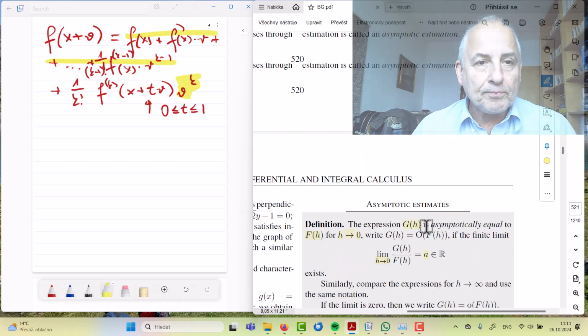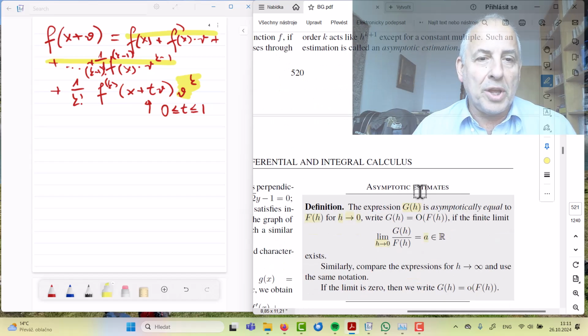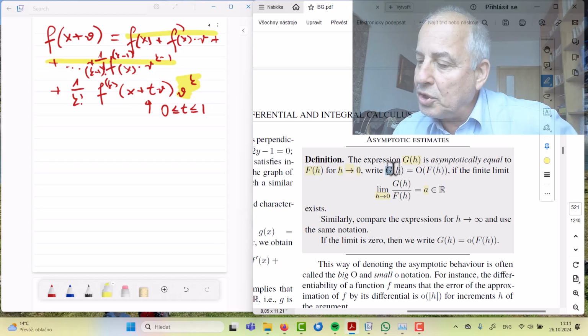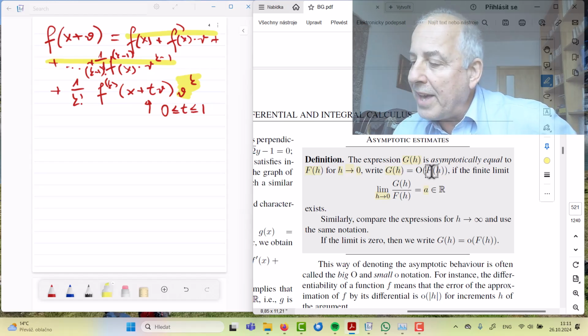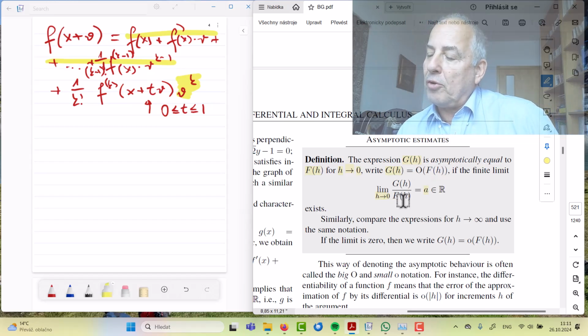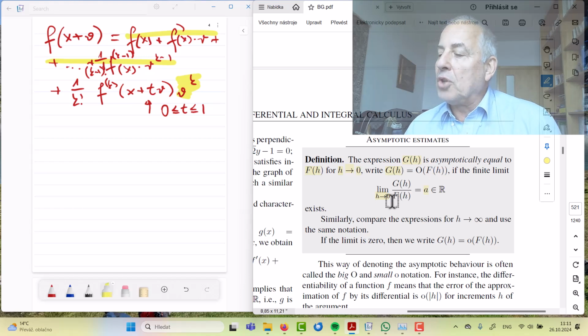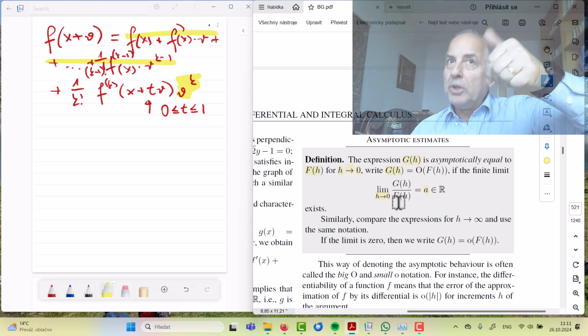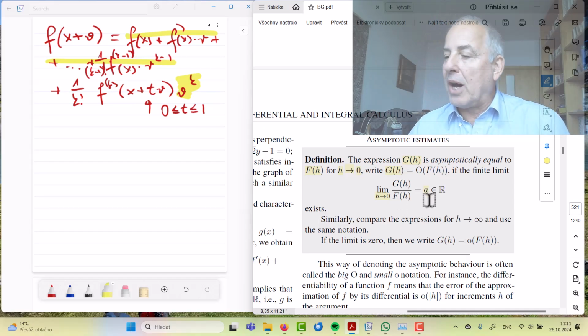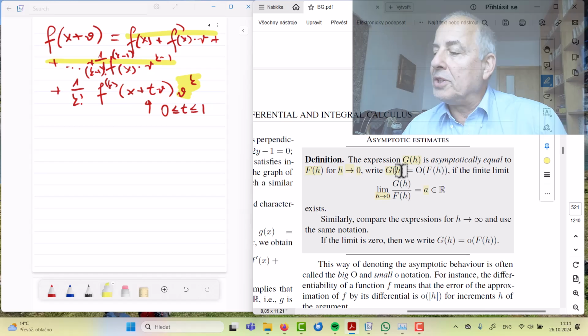I should have also told you that there is the big O notation. So we say that g is O of f, where f is the lower one. Of course, if the limit of f of h is not 0, then we can also swap it, and we will have 1 over a there, so it's reciprocal in some sense. But g is O of f this way.